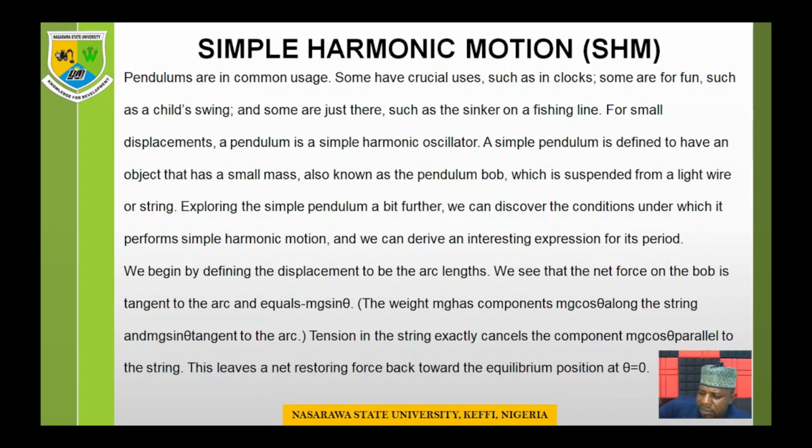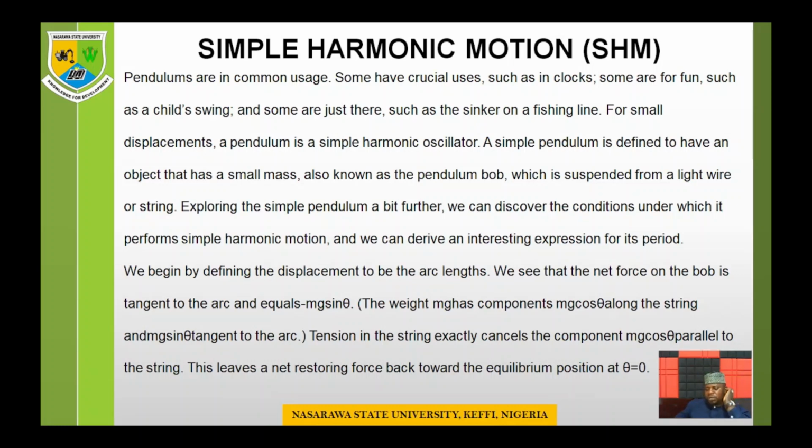The weight mg has components mg cos theta along the string and mg sine theta tangent to the arc.